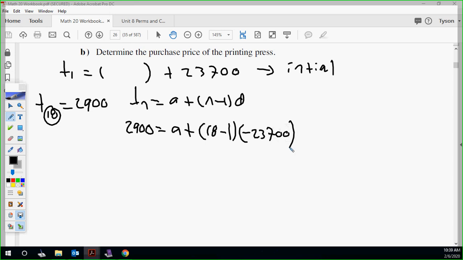This is where they expect you to be a little bit comfortable with your algebra, because now we're just solving for A. So you're going to go A plus 17 times negative 23,700. Somebody do that one for me. What's that?